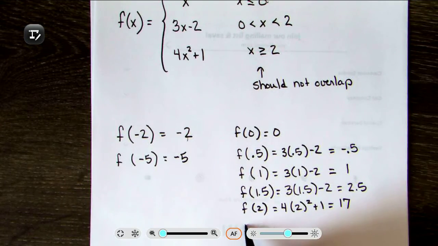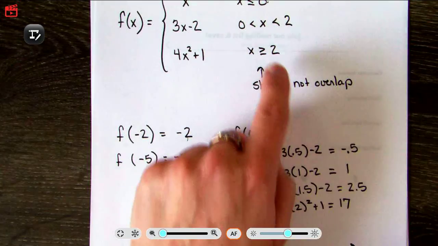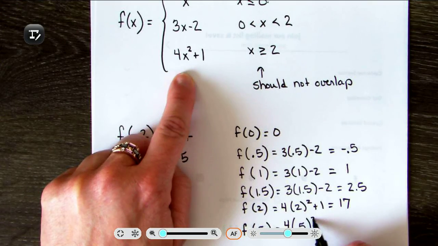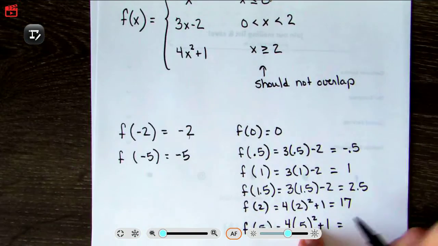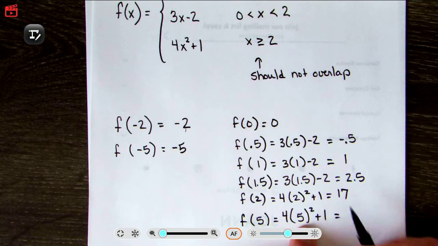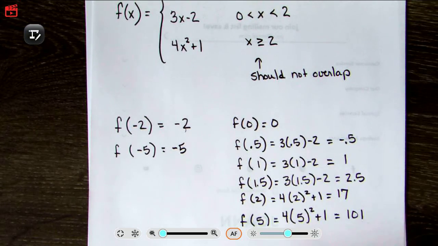And I'll do one more. F of 5, again, 5 is bigger than 2. So 4 times 5 squared plus 1. 5 squared is 25, times 4 is 100, plus 1 is 101.